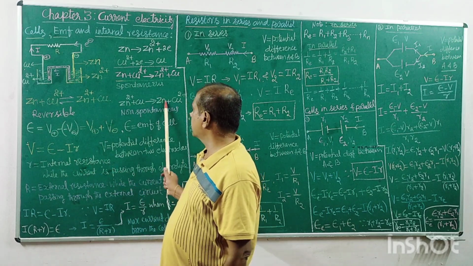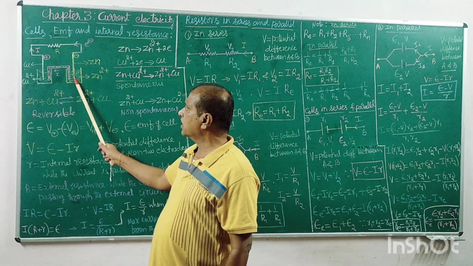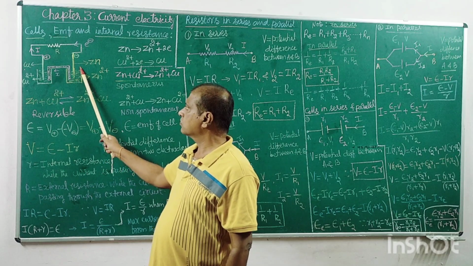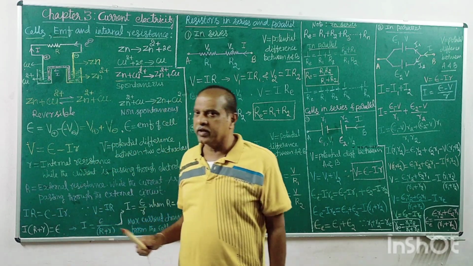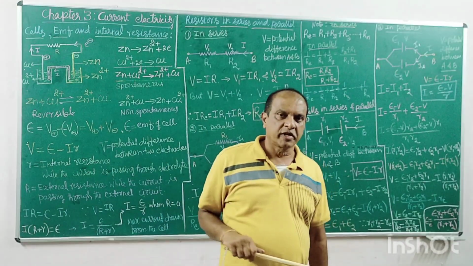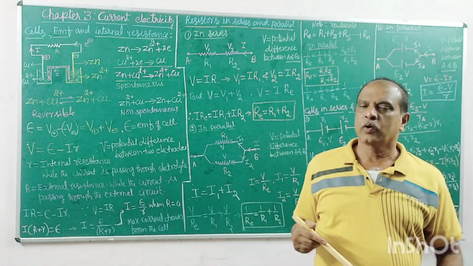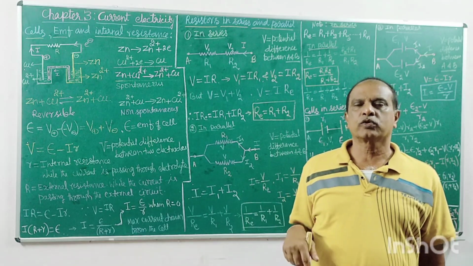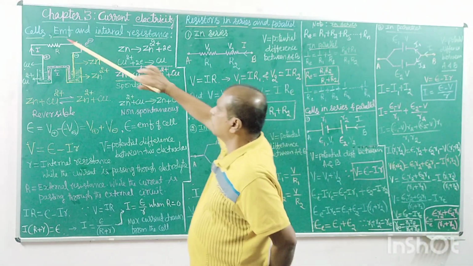So the back reaction takes place, going back to the same initial state. Electric energy is stored in the reverse direction. That is called charging. So the battery discharges when it is used, and after the electric power is exhausted, we have to charge it again to restore that electric energy. That is the purpose of cells or batteries.